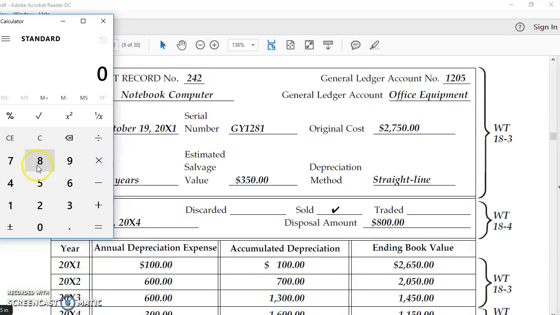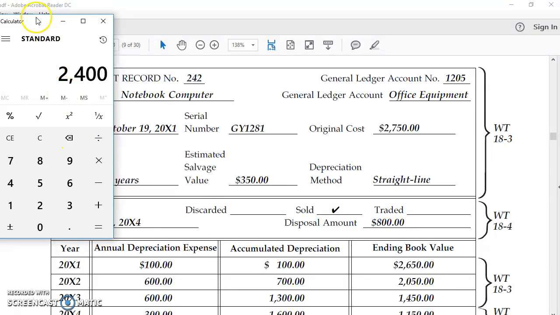Okay, once again, you're going to take the $2,750. You are going to subtract your salvage value. So you are only going to depreciate $2,400 of the $2,750.